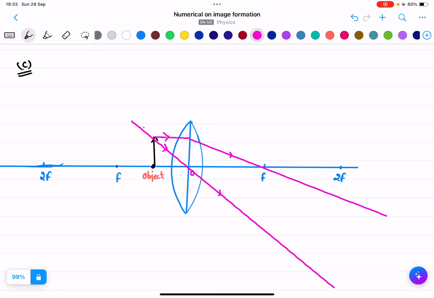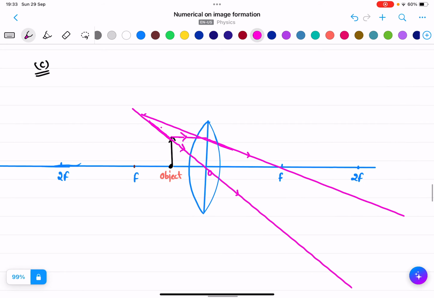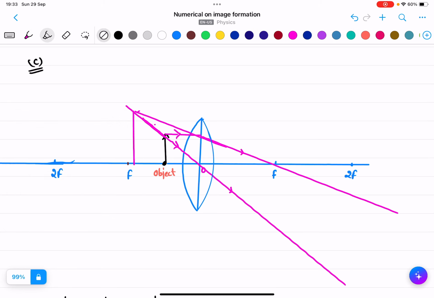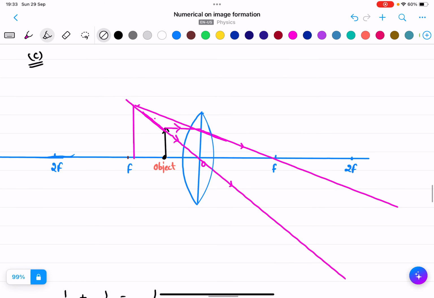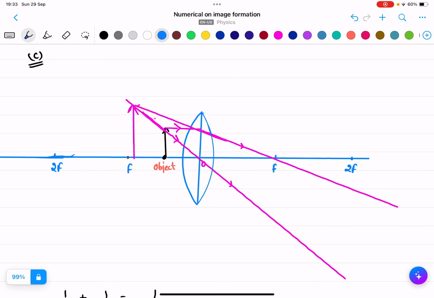Focus we will not do. The rays are not meeting on the other side of the lens, so we will just extend them. It will be meeting on the same side of the lens. See, they are meeting here. This is your image. I'm mentioning here, it is your image.